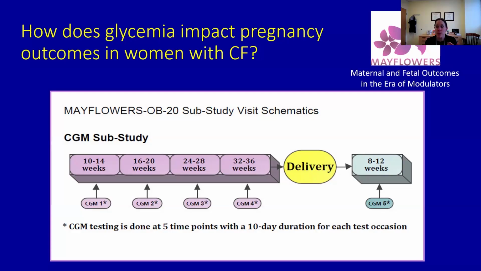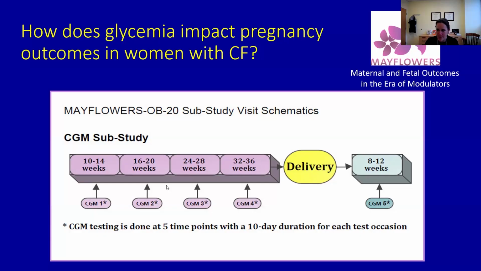As part of this, we're doing a CGM sub-study where we're putting CGM sensors on women at 4 time points during pregnancy and then again after pregnancy. I think this study is going to be so important to give us insights on the glycemic abnormalities, the clinical impact, how we should be screening our patients during pregnancy, how we should be treating them, all of these great questions that we can look at with this study.